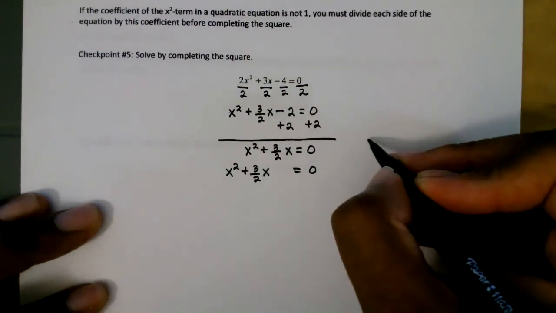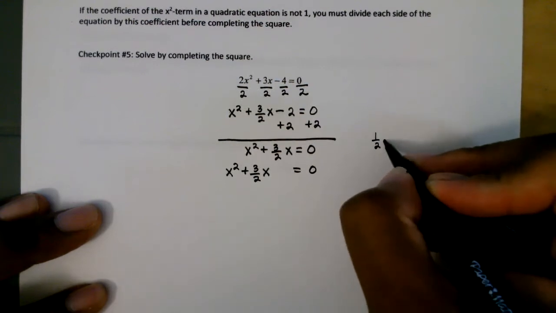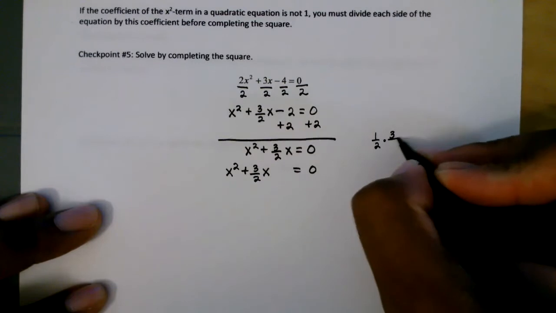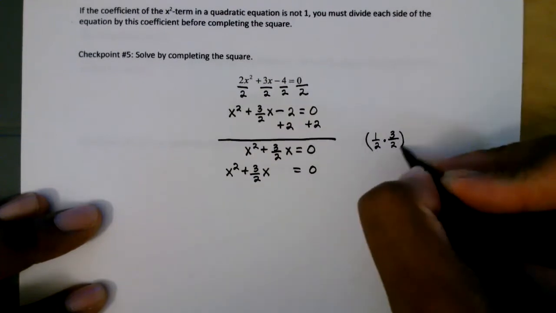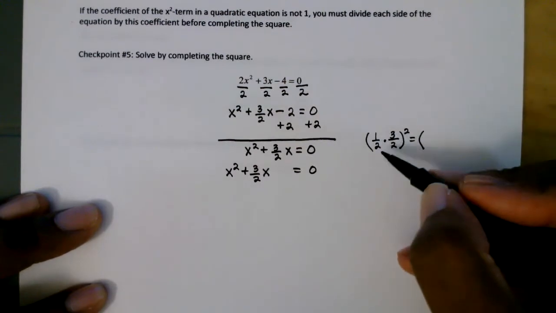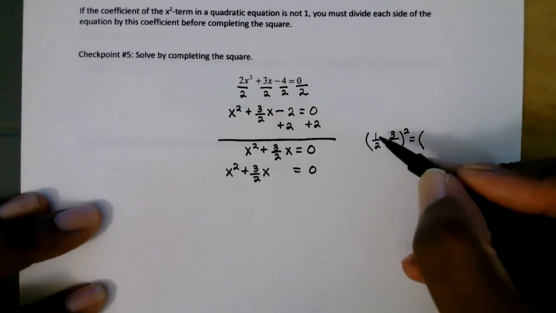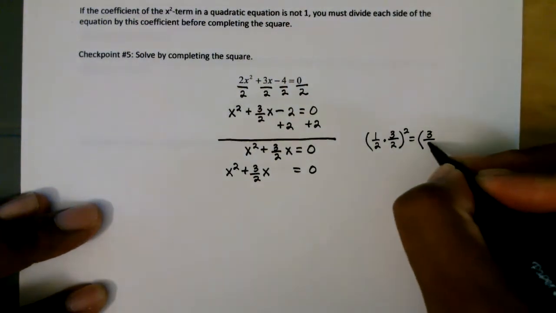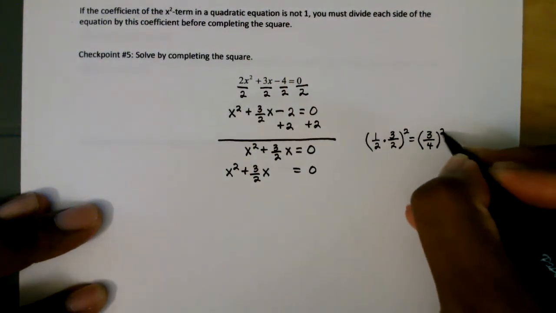Now to do that, we have to take 1/2 of the coefficient of my x term, which is 3/2, and that's going to be squared. Well, let's evaluate 1/2 times 3 over 2. That's going to be 3/4. Numerator times numerator, denominator times denominator.